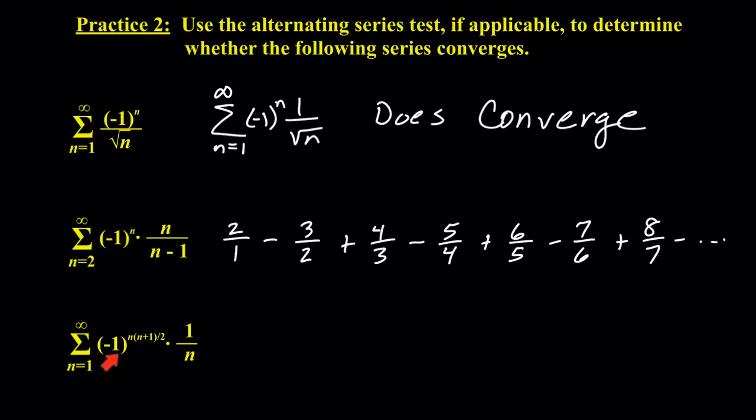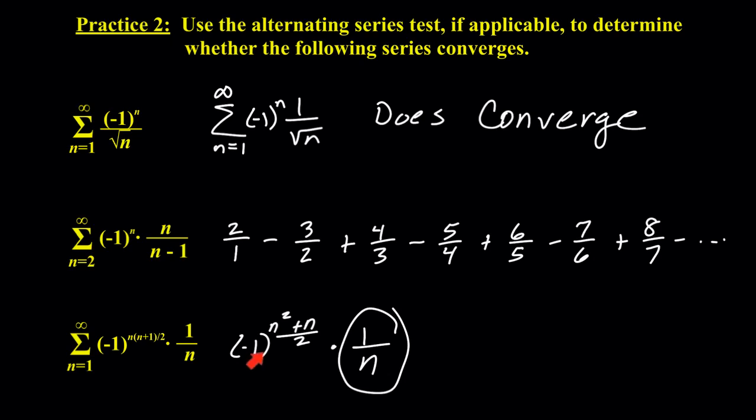All right, so the next one, we're looking at this right here. I'm going to rewrite this as -1 raised to the n squared plus n over 2 times 1 over n. Now, that part is a harmonic series, and a harmonic series diverges. So in order for this to converge, this part right here will have to cause your signs to alternate. If your signs alternate, then we will have an alternating harmonic series which would converge. So this is what we really need to check.